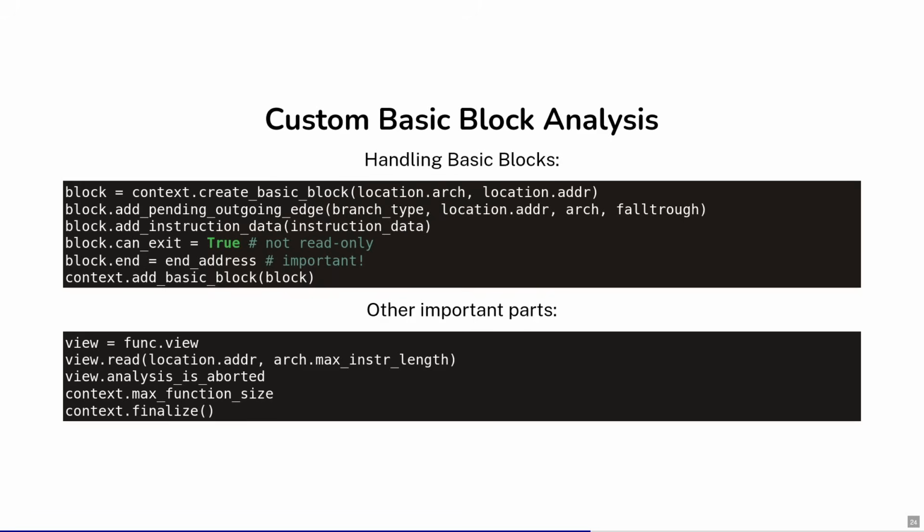Then we can also add instruction data. The fun part is that we should usually add instruction data, because the default algorithms use that sometimes, but sometimes they just don't, because they also have the binary, and sometimes they just decide to read from the binary instead.